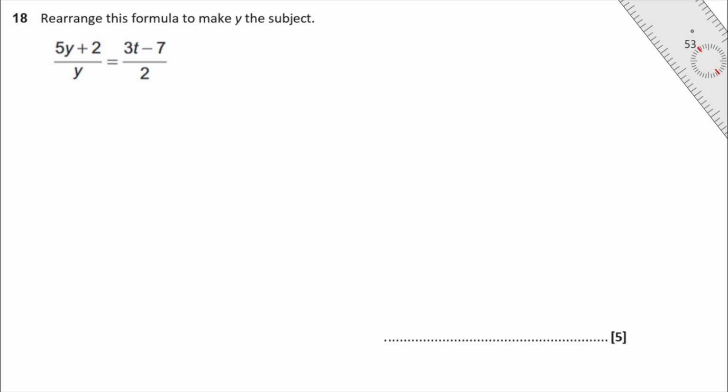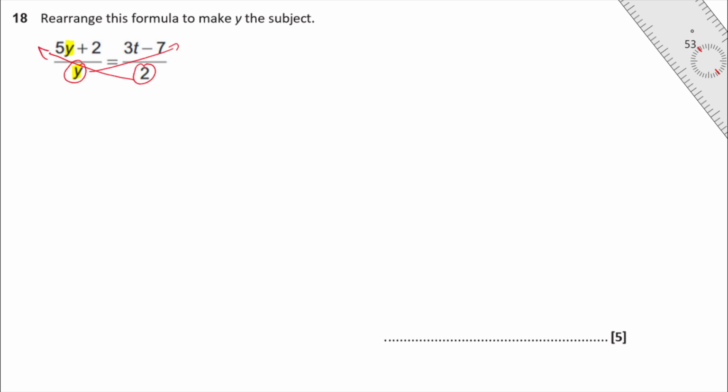Question 18, rearrange this formula to make y the subject. Now I can see y appearing in 2 places here, so it's not going to be a straightforward rearrangement. It means I'm going to have to do some factorizing at some point. But first off, I've got y down there at the bottom. I don't really like that. Let's cross multiply. So multiplying both sides by y and by 2 will move those things there and there.